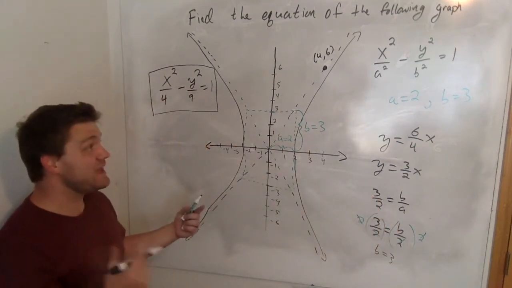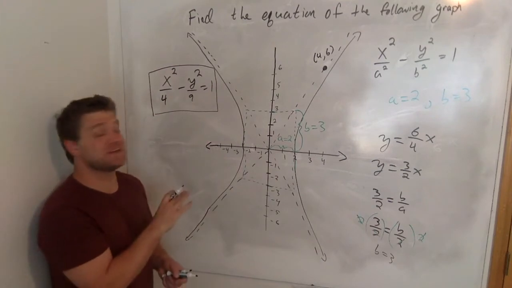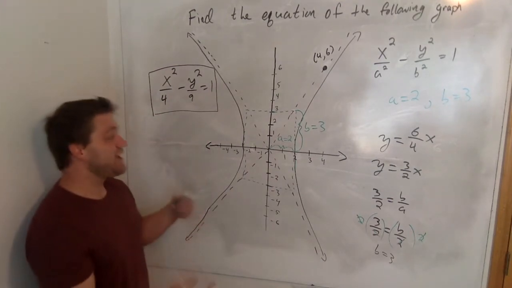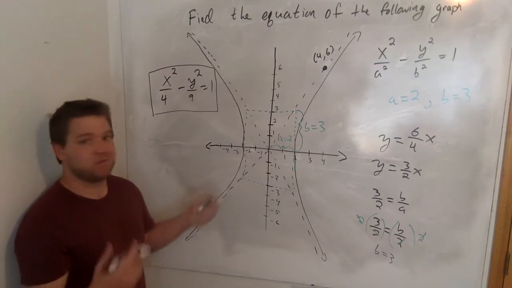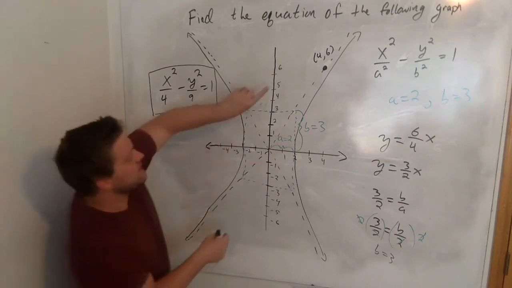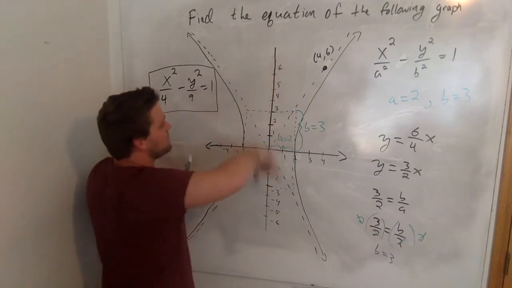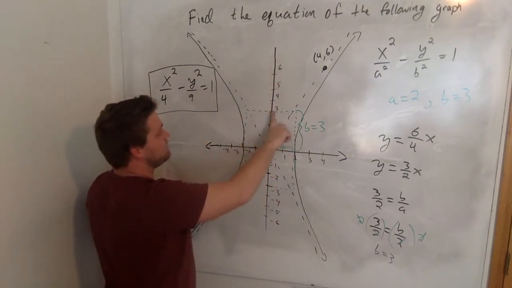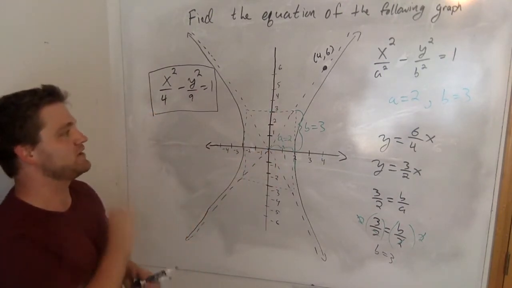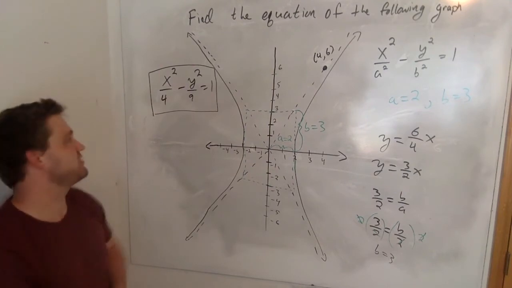For ellipses, a is always bigger than b. That's not always the case for hyperbolas. A and b, one could be bigger than the other. It really depends. I could have taken this graph and had it be facing up and down. In that case, a would be 3 and b would be 2. So it's not true in general for hyperbolas that a will always be bigger than b. And we'll want to make sure to remember that.